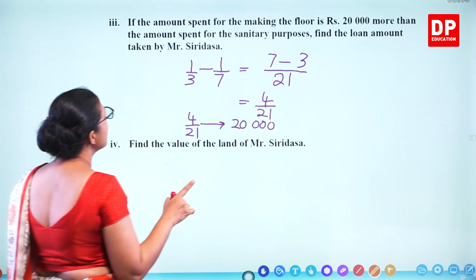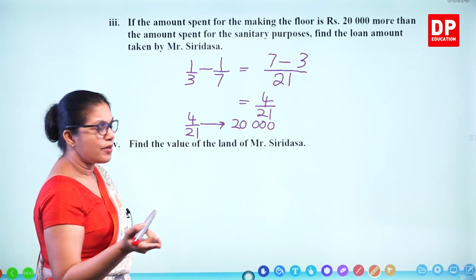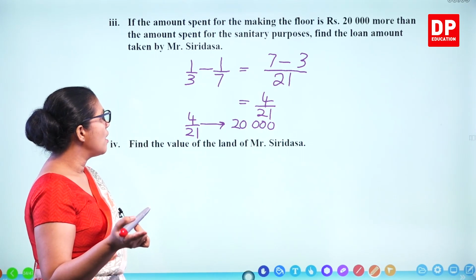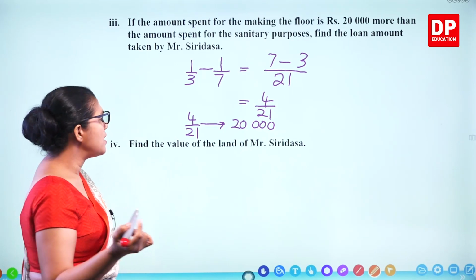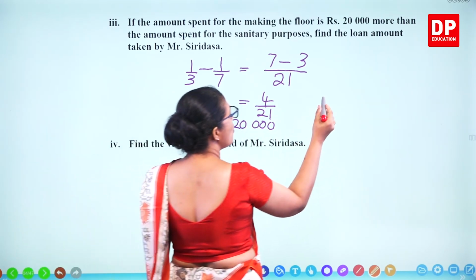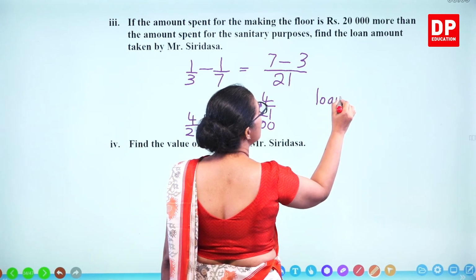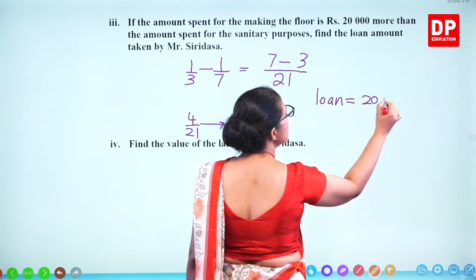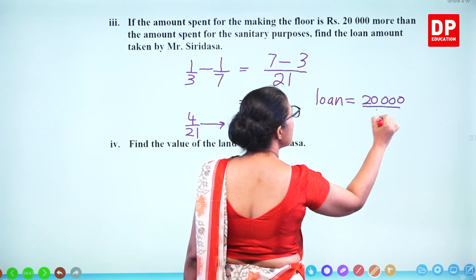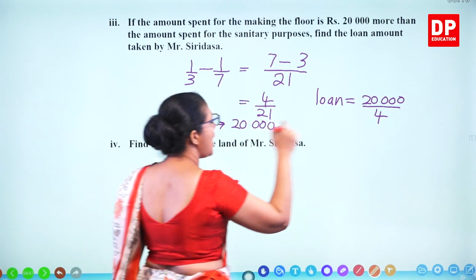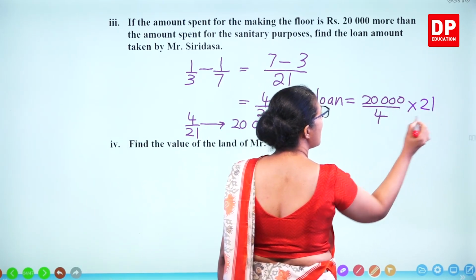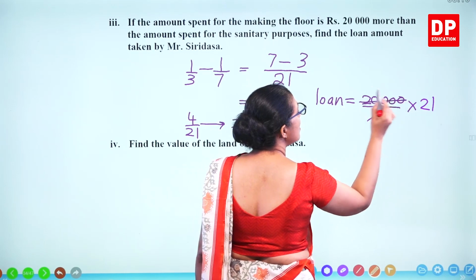So this part, 4/21, is 20,000 rupees. So they are asking, what's the loan? So you have to find out one part and multiply by 21. So loan is 20,000. Divide by 4, that's one part, and multiply by 21, you get all parts.